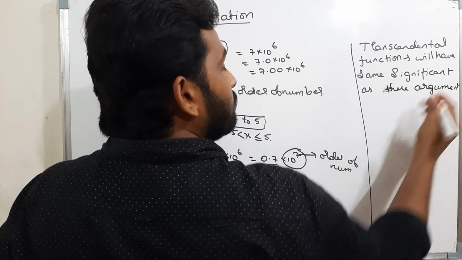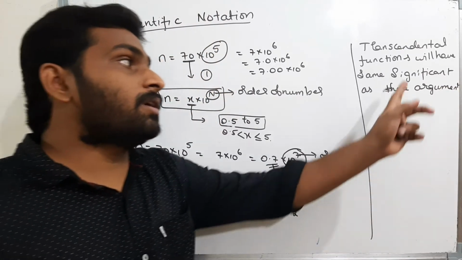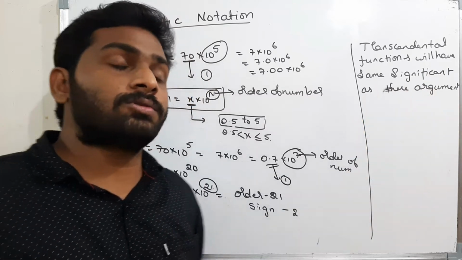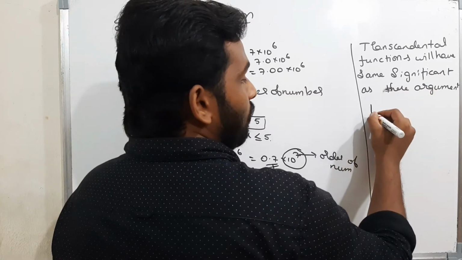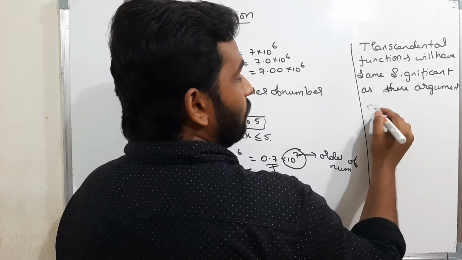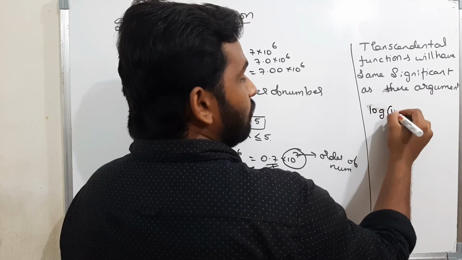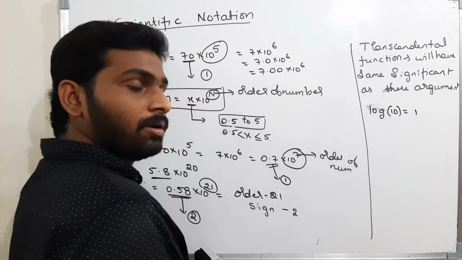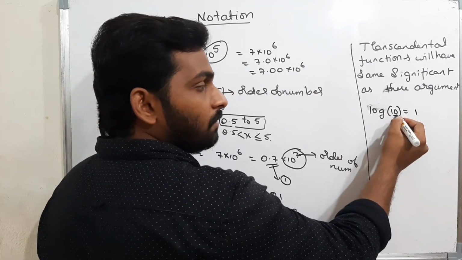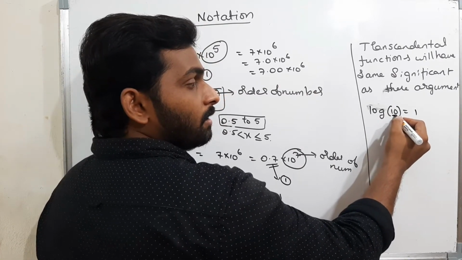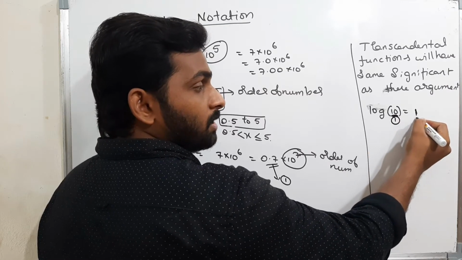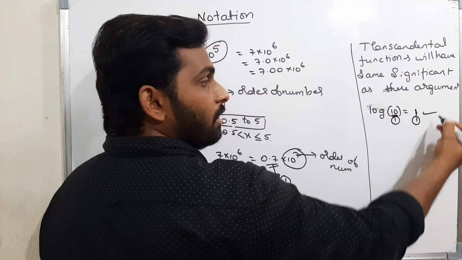Now what is the meaning of this? Transcendental functions will have the same significant figures as their arguments. See what is the meaning. Ln, okay, we'll take the value of log. Log 10 value is, we know, 1. Okay, well done, good. Now here how many significant figures are there? The number of significant figures for 10 is 1. In the answer, how many significant figures are there? 1. Therefore, it is valid.